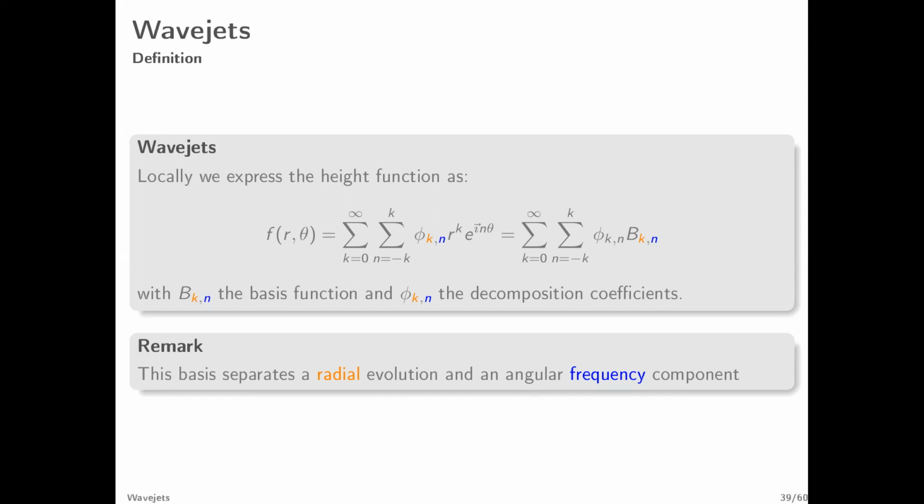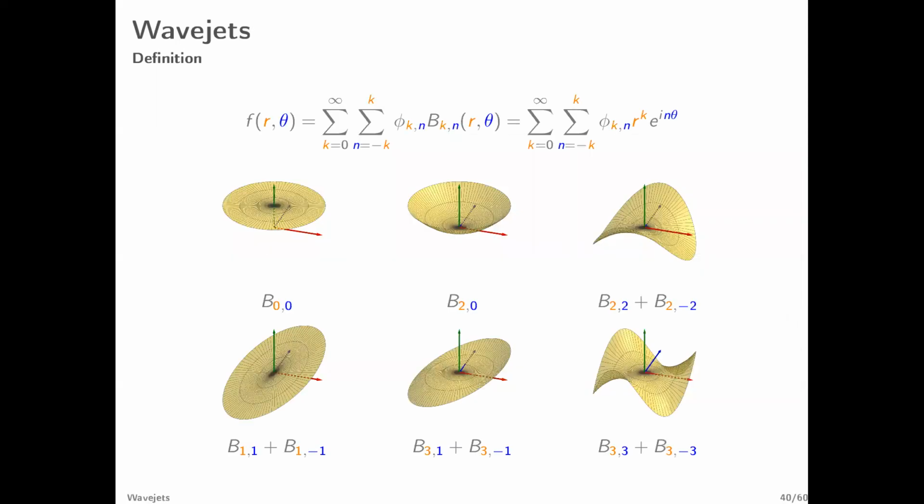So the basis has this nice property that it separates a radial evolution from an angular frequency component. If we look at what the functions look like, zero oscillation and zero evolution on the radius gives you a plane. You have a paraboloid, horse saddle, anti-symmetry, and you have a monkey saddle as well.